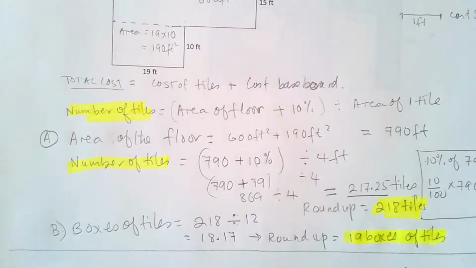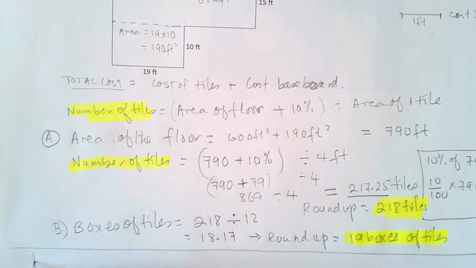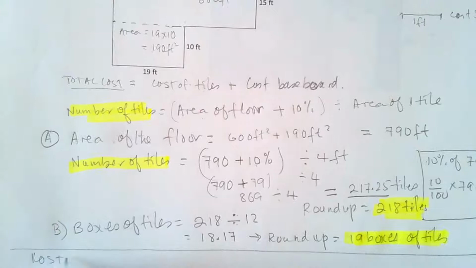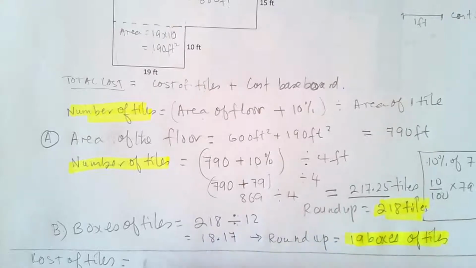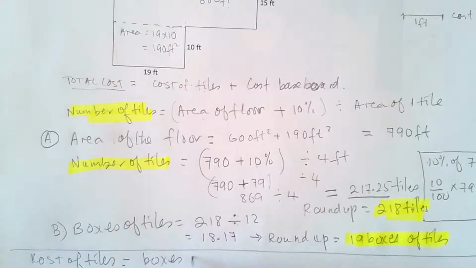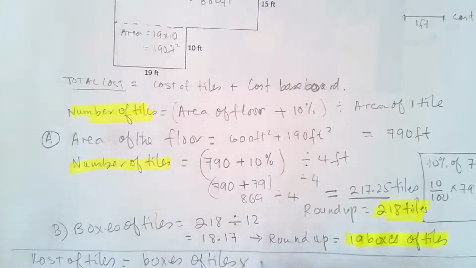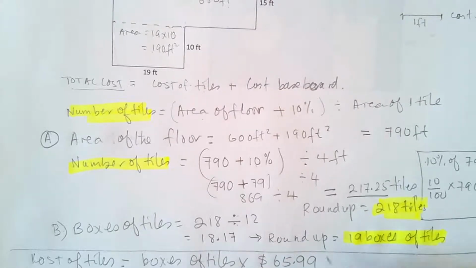So now we can conclude the cost for tiles. So the cost of tiles is equal to the boxes of tiles multiplied by the cost for the tile for each box, which is $65.99 plus taxes.